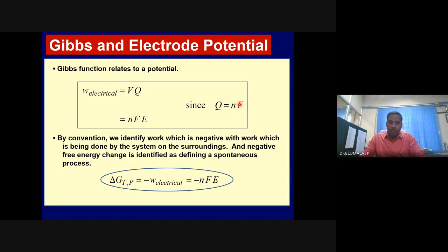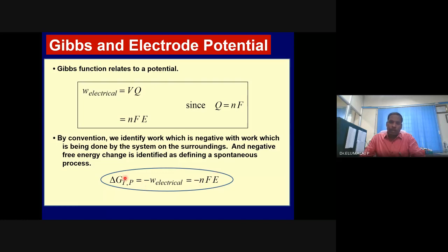F has its usual meaning. E is the potential or voltage. If it is an electrode, you call it a potential. If it is a cell, you call it a voltage. So electrode potential or cell voltage is very much connected to the thermodynamics, delta G. And you see here, delta G equals minus nFE.